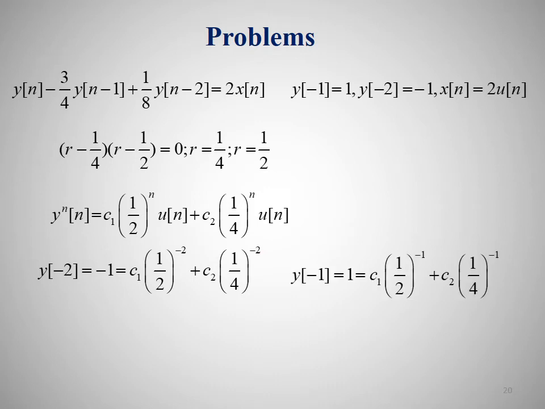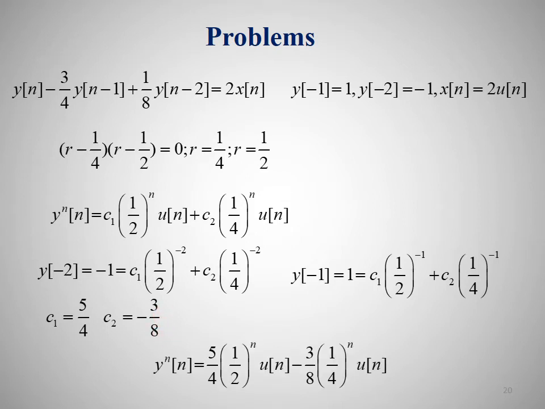Similarly, y of minus 1 is 1 as per the question, that is c1 (1 by 2) power minus 1 plus c2 (1 by 4) power minus 1. Hence, on solving these two equations, the coefficients are c1 equal to 5 by 4 and c2 equal to minus 3 by 8.